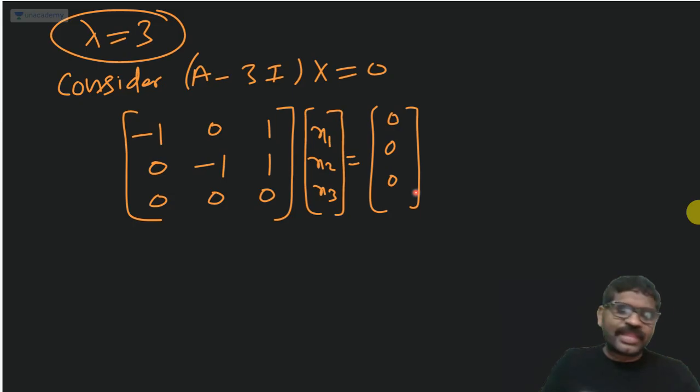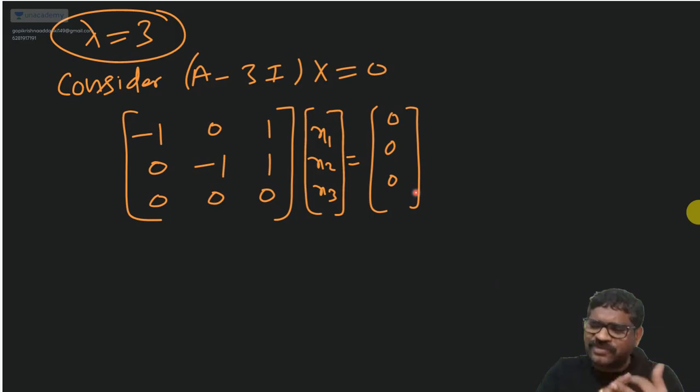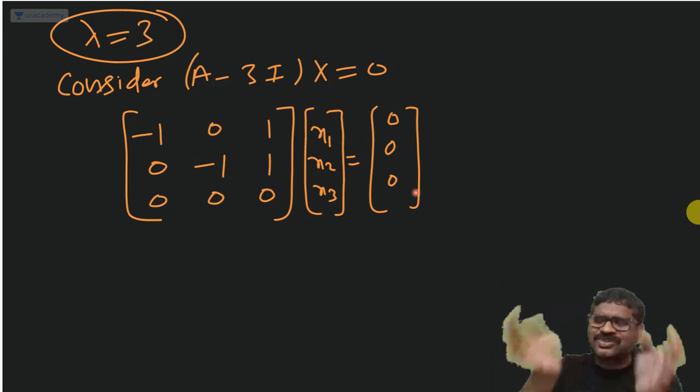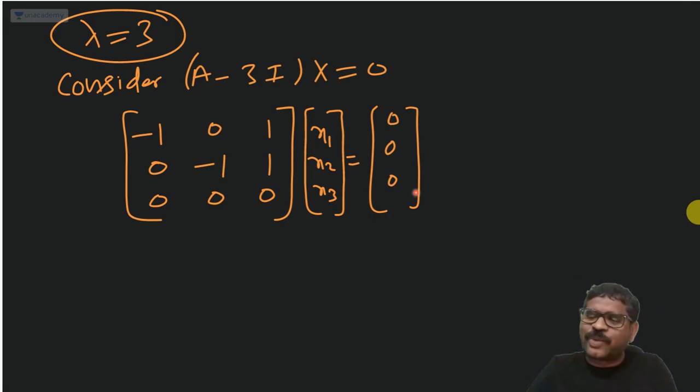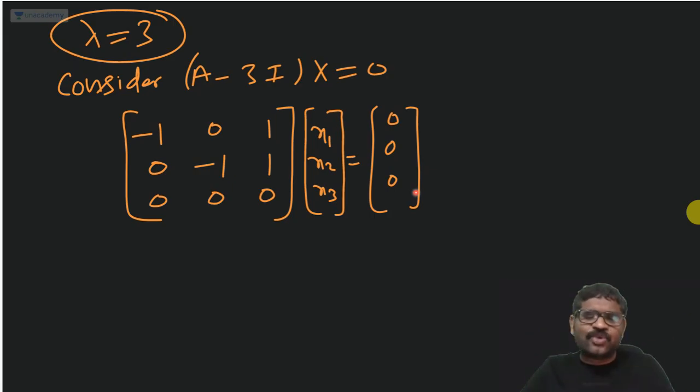Now, observe here. You have to reduce A minus 3I into echelon form. You have to write rank, number of variables, free variables, equations, substitution gives you the vector. That is one approach. I am not explaining that approach here. I am explaining the trick. Observe, you have 3 rows.